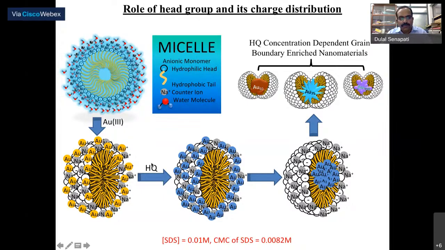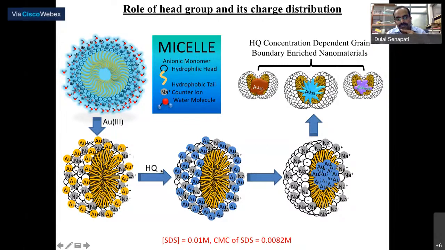But once we reduce it, the gold will be neutral instead of positively charged, so it will not find a strong electrostatic attraction in the outside domain. Then it will finally move towards the center, because that's hydrophobic. This depends on the core structure, and the core structure heavily depends on the pH of the medium.